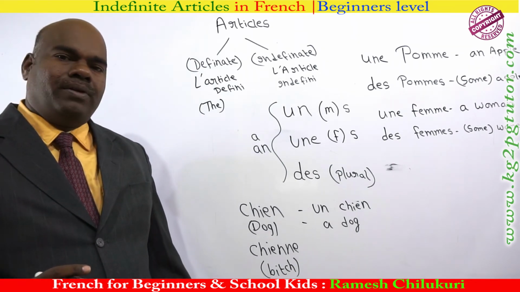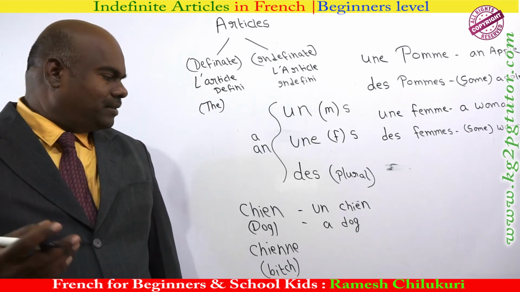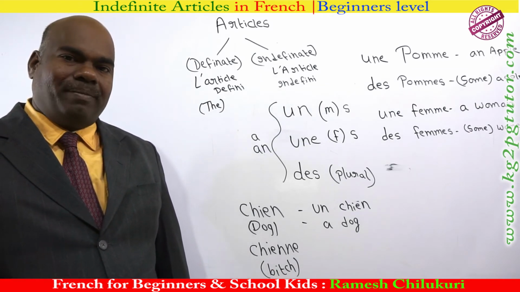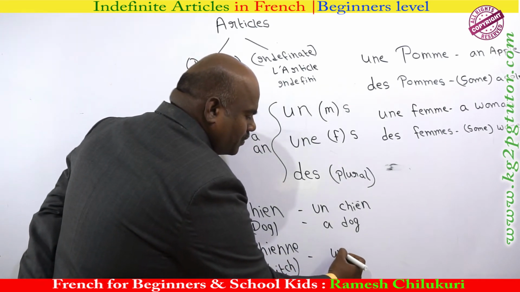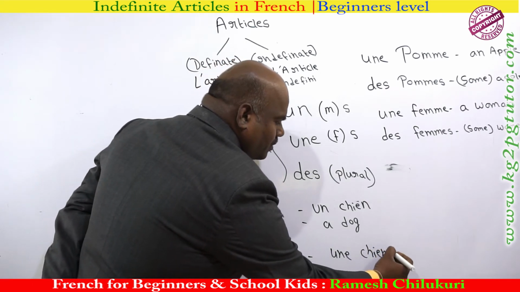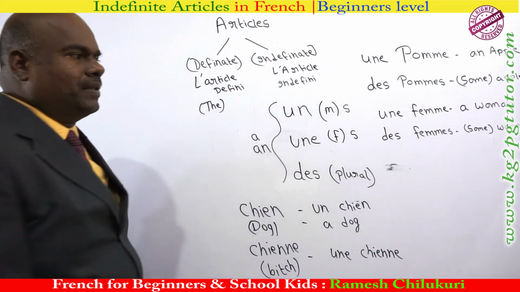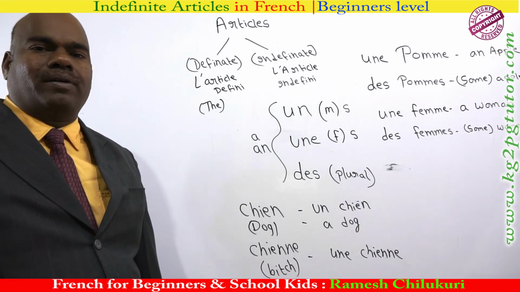Now, you want to say a single dog that is a feminine form, then you will use une chienne. That is the feminine form of the dog, a bitch.